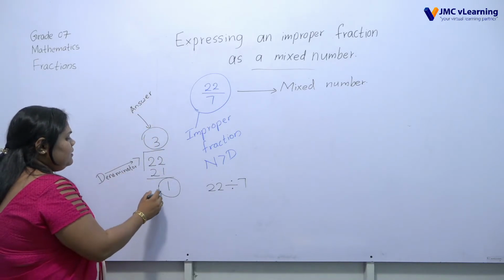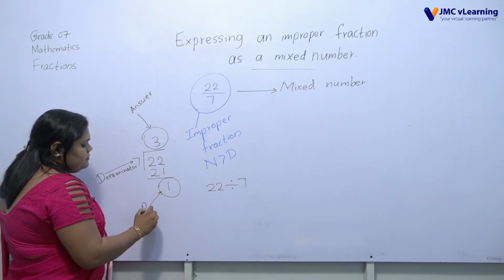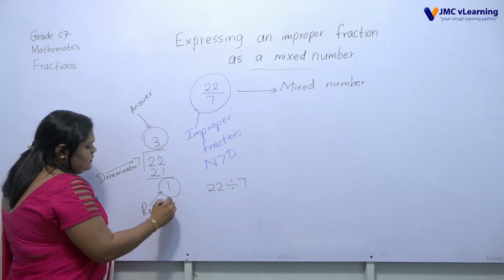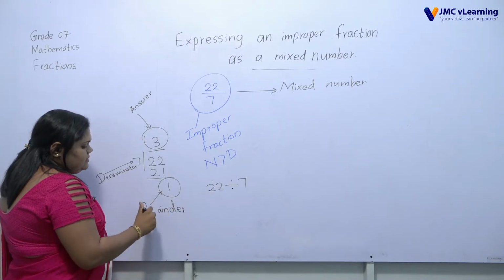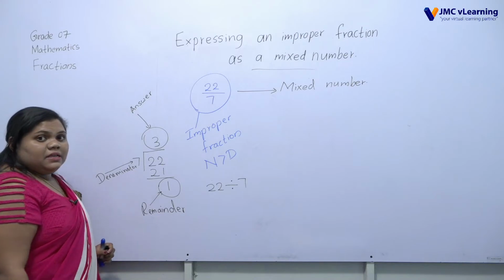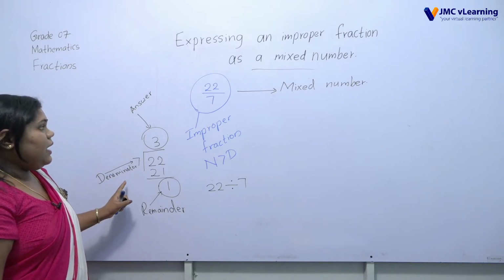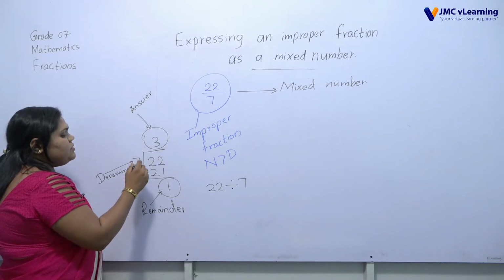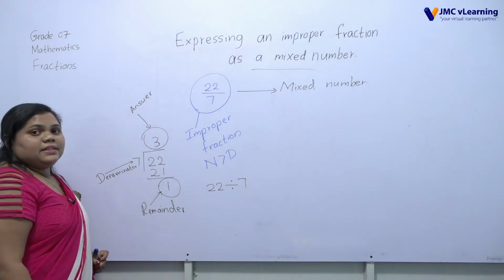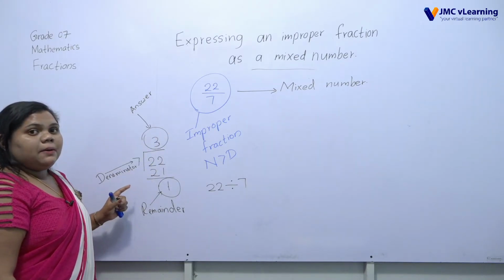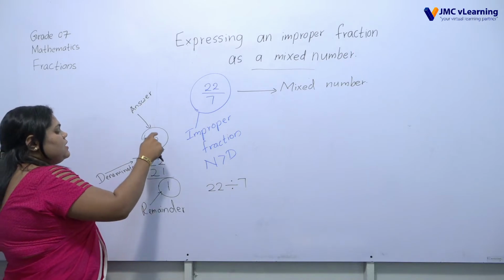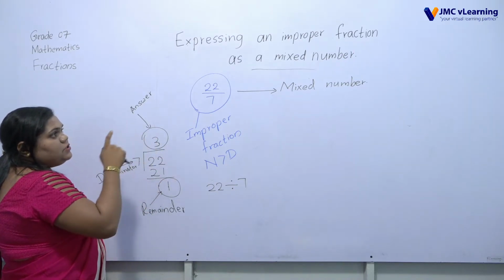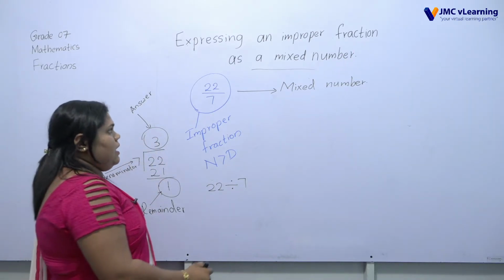And this is the remainder, or balance. Now we have to use these three numbers, 3, 7 and 1, to write a mixed number.